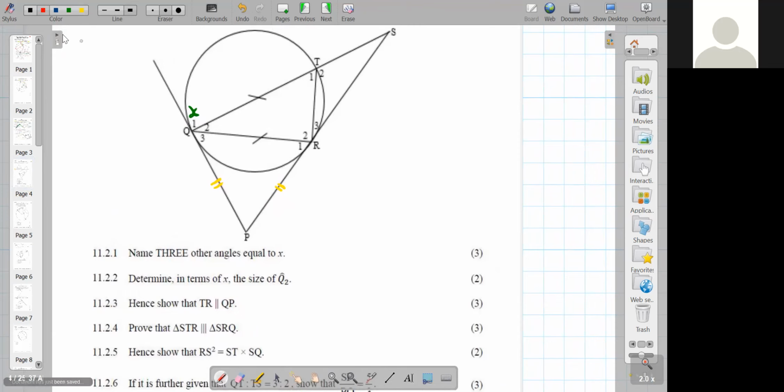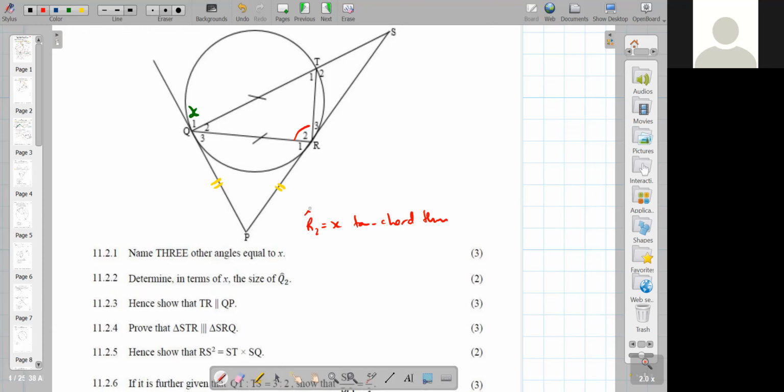Now we need to find the three possible angles equal to X with the reasons and everything. What can we write because of the tan chord theorem? Because of this tangent, which angle is opposite to the chord? What is my chord? QT. So this angle must be X as a first one. R2 is X because of the tan chord theorem.